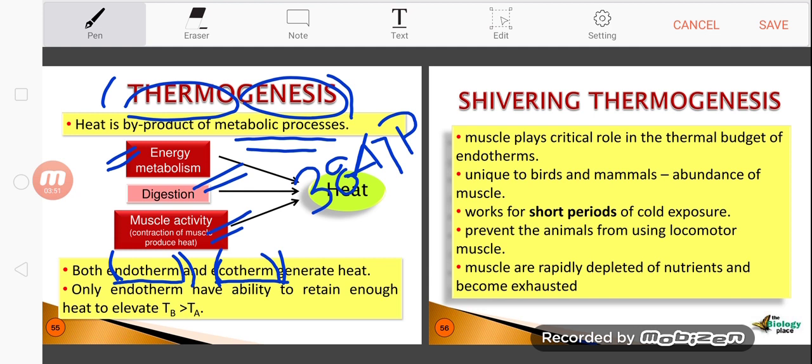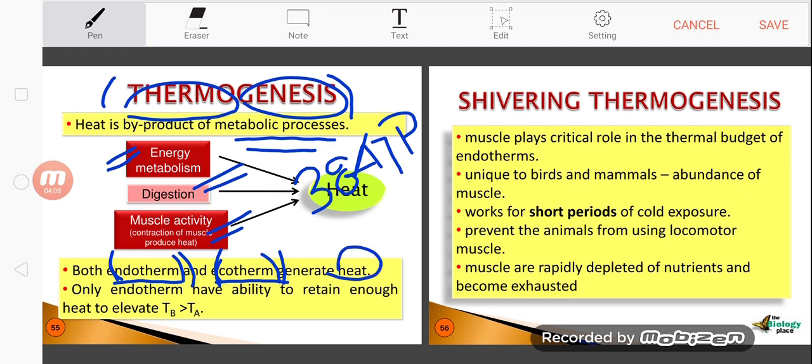But both have cells, right? Endotherm and ectotherm both have cells, and cells will undergo metabolism, whether anabolism or catabolism. So metabolism will produce heat.